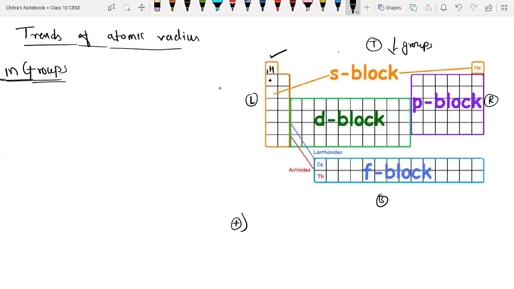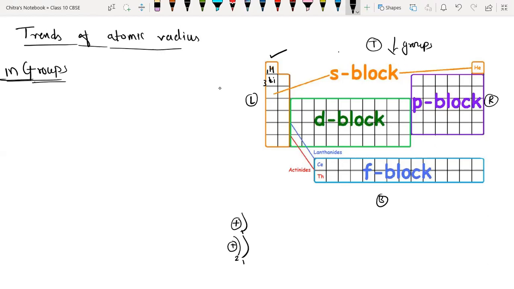Now, we already understood that the period number represents the number of shells present in an atom. So the second element in the group will be lithium, and lithium has atomic number 3. So lithium will have 1 and 2 shells. Here 2 electrons, and here 1 electron, as in the case of hydrogen.